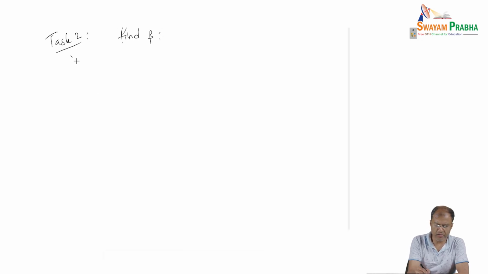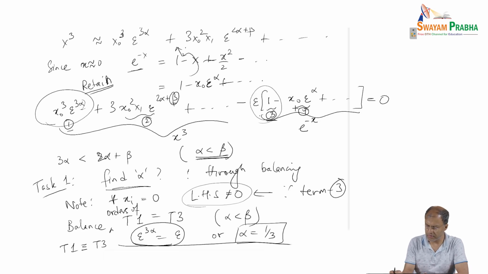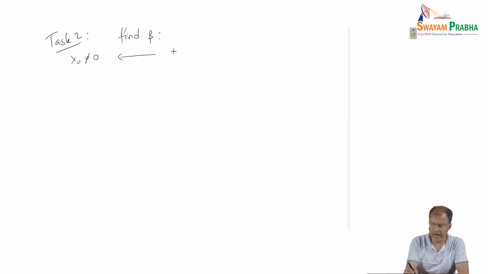And again, since x naught is not 0, let us try to see all the terms. X naught is not 0, and of course epsilon to the power alpha is also not 0. So term number 4 is not 0, right? So this means that the term 4 is not 0.